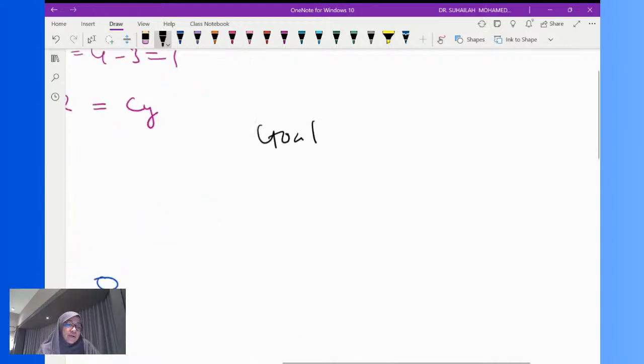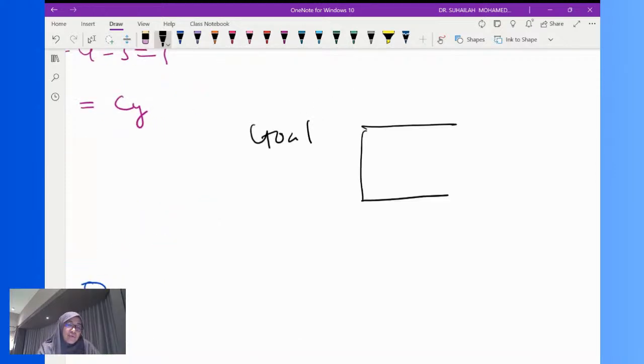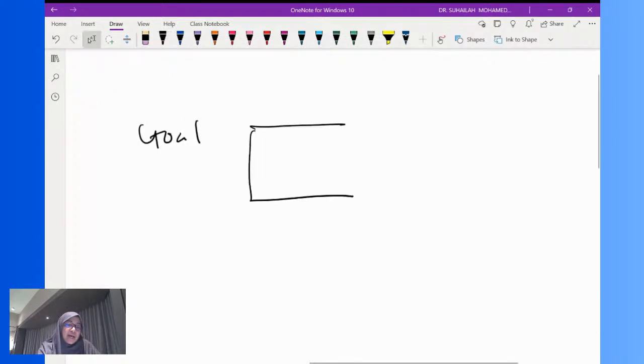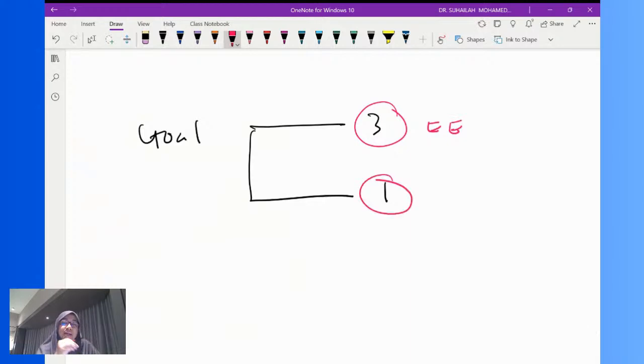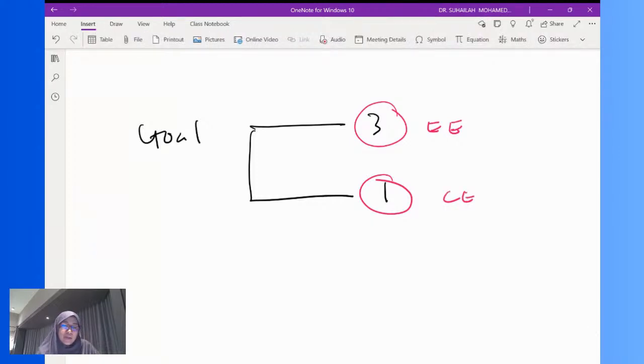The goal is we have to calculate 3 unknown reactions and 1 redundant. So this is our goal. We will calculate these 3 unknown reactions using equilibrium equations, and we will calculate the redundant using the compatibility equation.